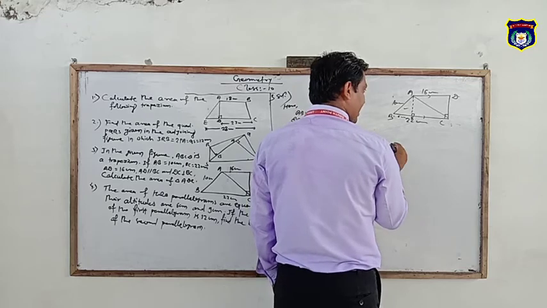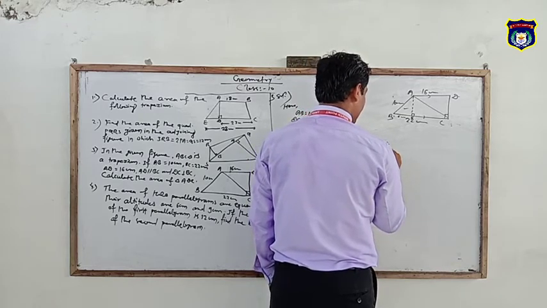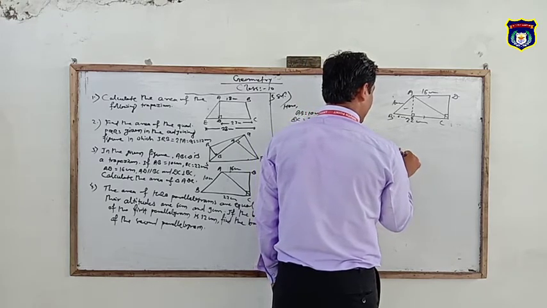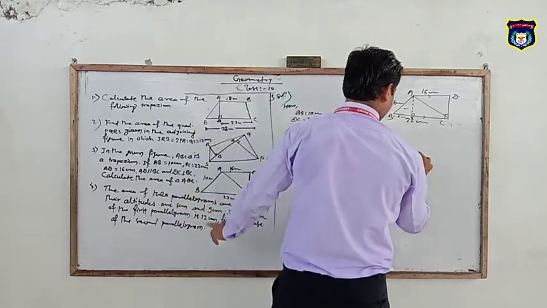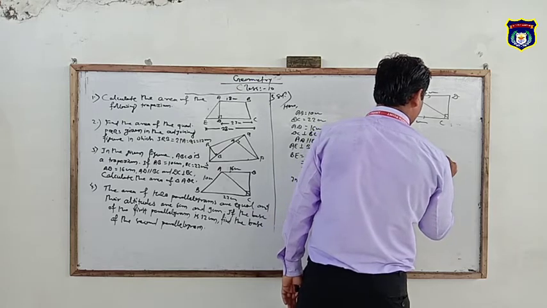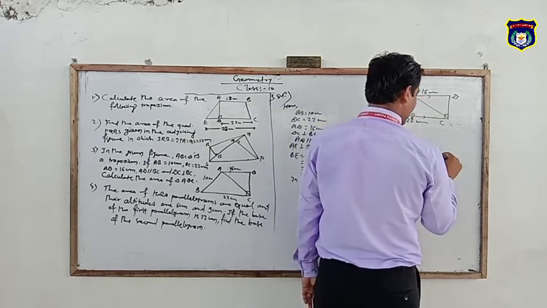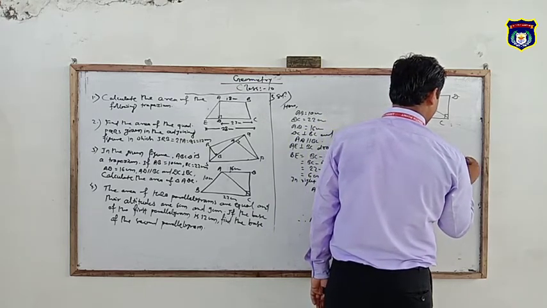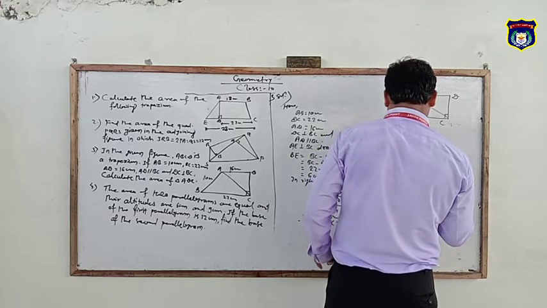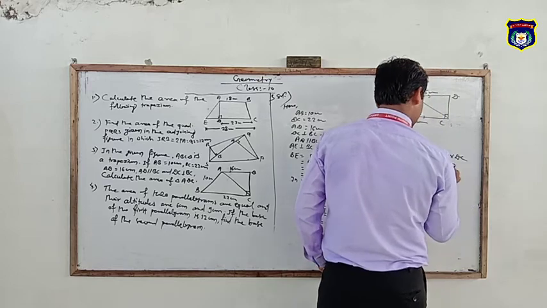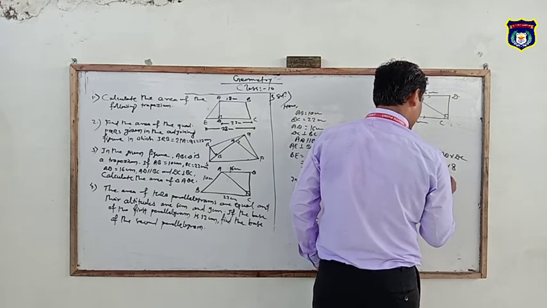So directly you can find the area of triangle ACD, 1 by 2 base into height. AD is base and height is DC. 1 by 2, AD is 16 and DC is 8 cm, equal to 64 cm square.